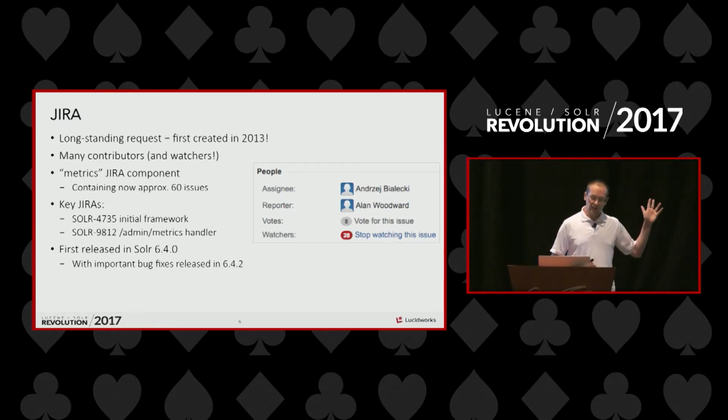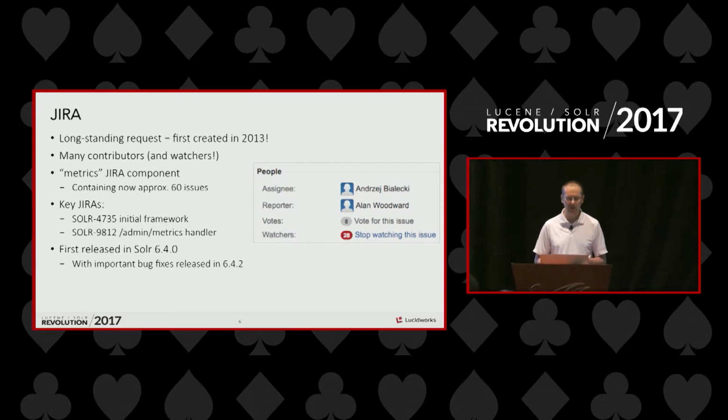The two key Jiras that started the ball rolling were the initial framework, SOLR-4735, and SOLR-9812, which added the admin metrics handler, which is the primary way you can access the metrics in this pull scenario where you want to retrieve individual or all metrics from Solr. The framework was first released in Solr 6.4.0, but it contained some unfortunate bugs. What software doesn't, right? So the first usable version was 6.4.2.